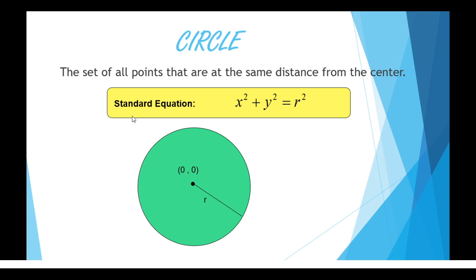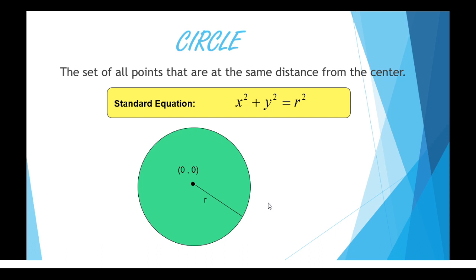The standard equation of the circle is x square plus y square equals r square. Standard means the center of the circle is at the origin and the radius is r. If you take these two conditions, you get the equation of the circle as x square plus y square equals r square.